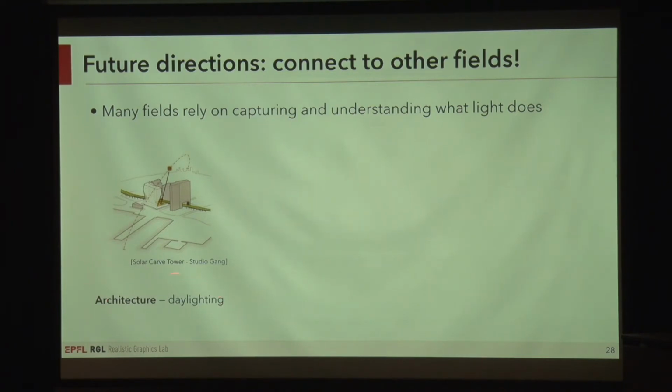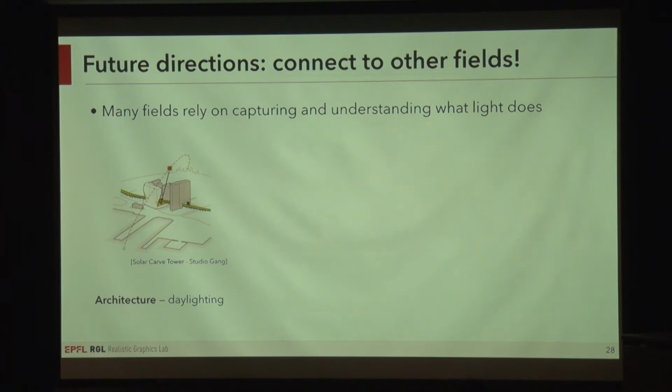Architecture, for instance, is one. There's a field called daylighting that seeks to optimize architecture so that it makes efficient use of naturally available sunlight. If you're in a building, it's usually really, really bright close to the windows, but then when you go deeper inside the building, it's too dark and you need extra electric lighting. And so the question in daylighting is always, how do we change the building so that we can get more use out of this sunlight? There are a lot of tools that they use, but it's mostly based on intuition.